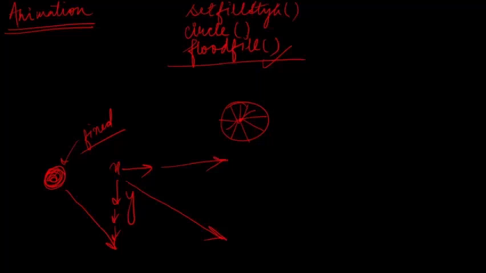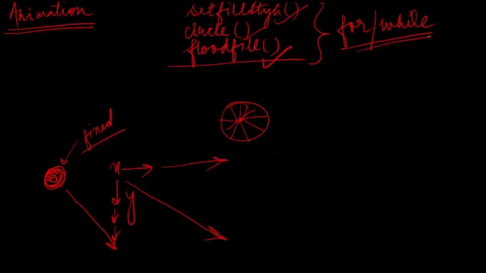So the next point is that everything is sorted: we have done set fill style, we have incremented the circle center, and we have incremented the seed fill point. Now if we do so, what will happen? Remember that this is inside a for loop or a while loop or any kind of loop as you wish. So if it is inside a loop, we will see a first ball, a second ball here, a third ball here.